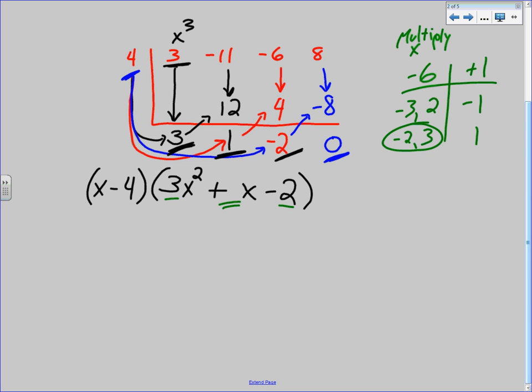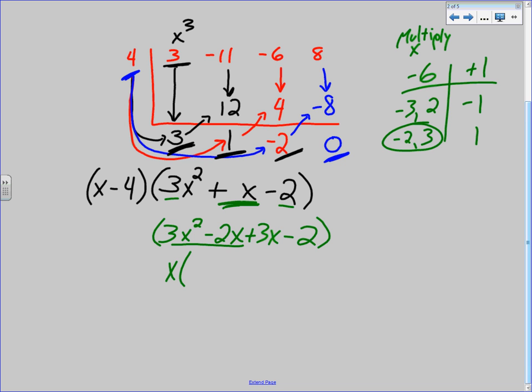Now let's take those and split it up. If we have 3x squared, and we're splitting up x into negative 2x plus 3x, because what's negative 2x plus 3x? Positive 1x. So now let's factor out what is in 3x squared minus 2x.